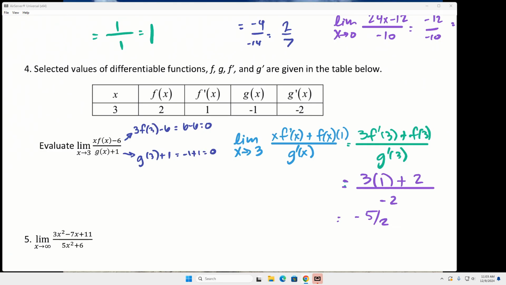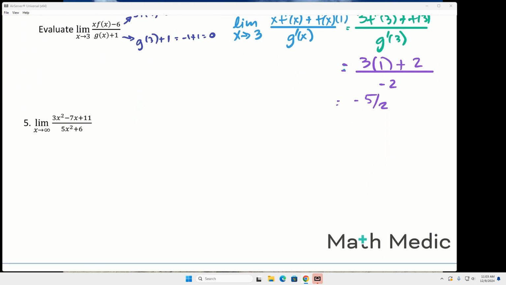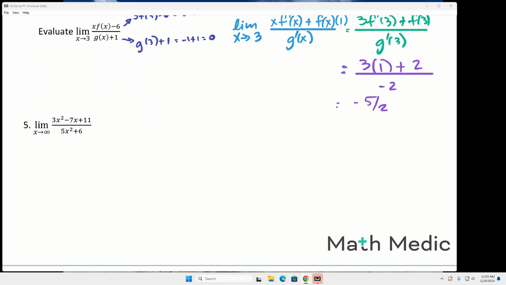Alright, and then let's do this last one. So this one, x is approaching infinity. And so if I take infinity and square it and do all this stuff to it, I'm still going to get infinity over infinity, which is indeterminate form. So I can find the derivatives of the numerator and denominator.